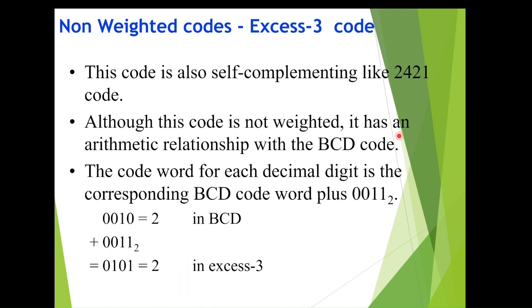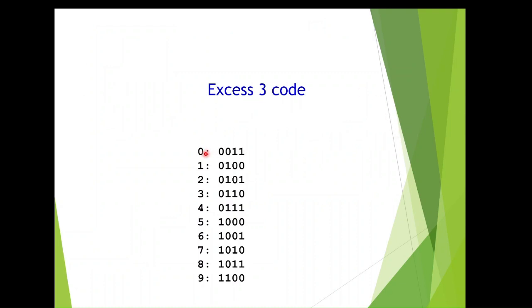And then next comes the second set of codes, that is non-weighted codes. The best example is XS3 code. XS3 means, as the name implies, excess 3, that is the number plus 3. So for example, for 0, we have to write the value as 0011. That is the code for 3 in 8421.